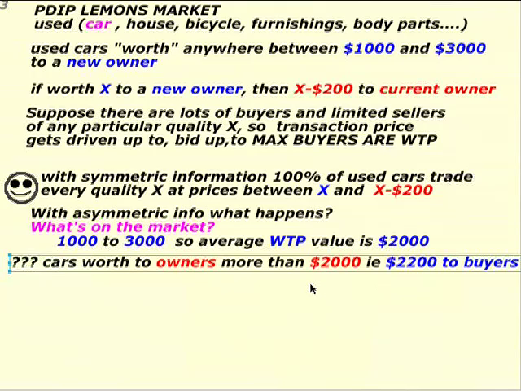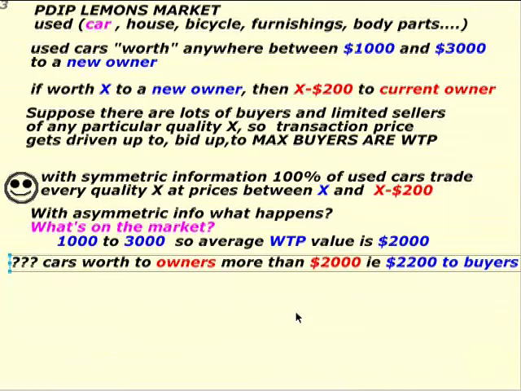Who is actually going to be selling their cars? The seller looks at the price of $2,000, and if he's an owner and his price is $2,100, or just anywhere more than $2,000, then he's not going to sell it at the price of $2,000, that is the average willingness to pay.